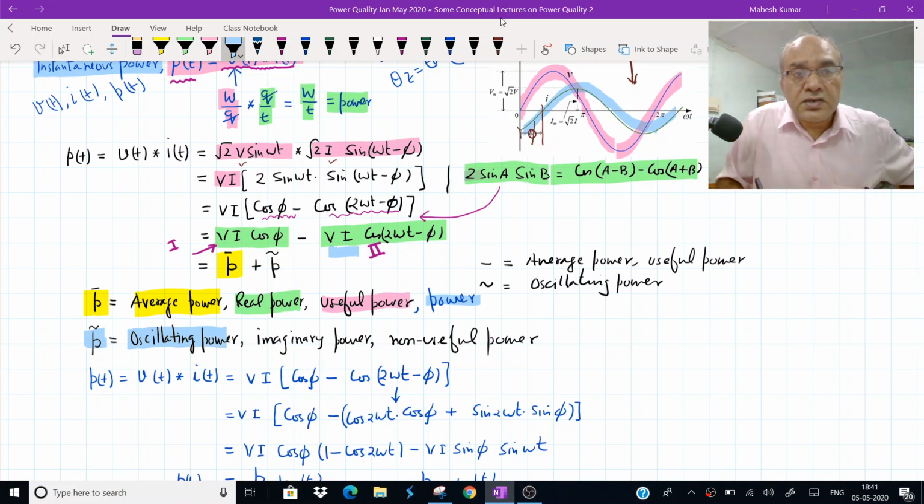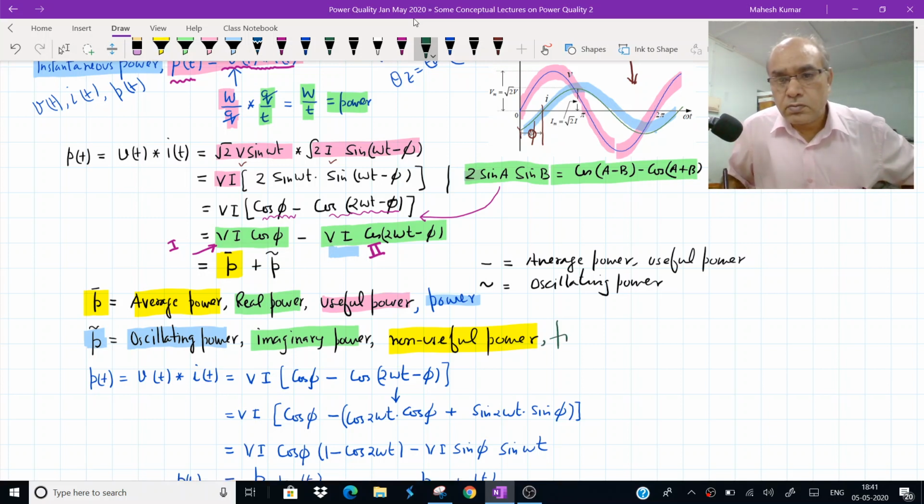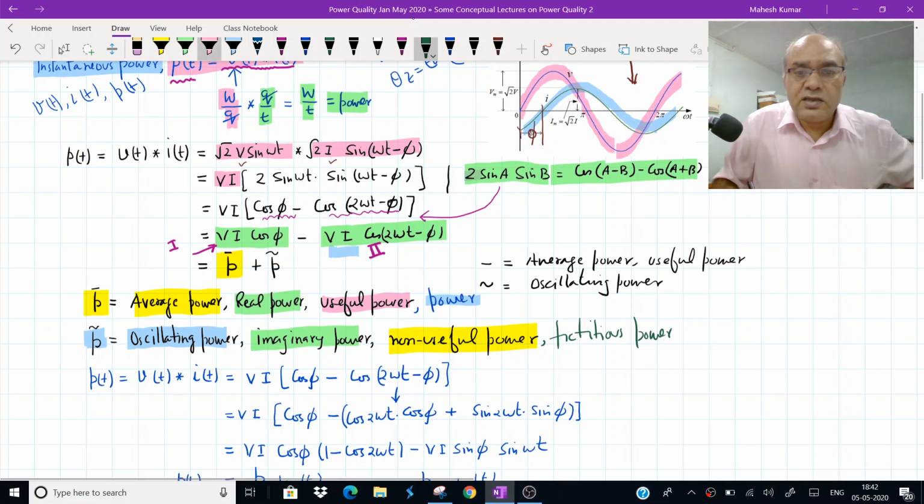This is also called the imaginary power, the non-useful power, or fictitious power. It has many names like the other one.